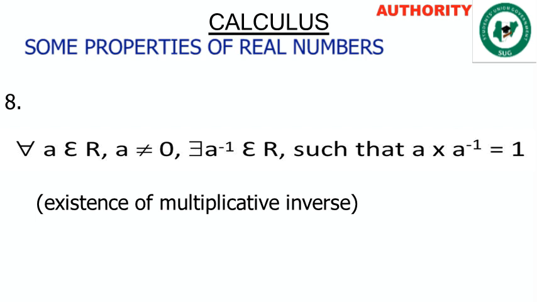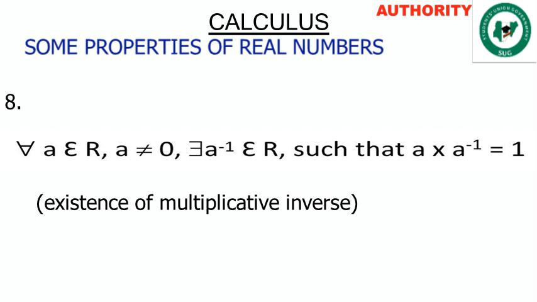And you discover that all numbers in real numbers have their inverse except 0. If you want to take the inverse of any number, just say 1 all over that number.